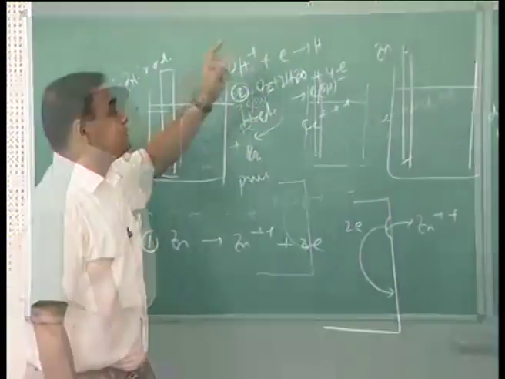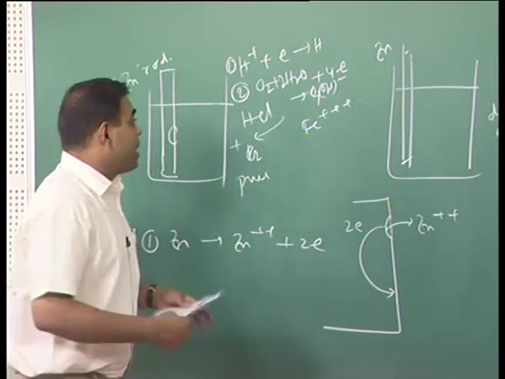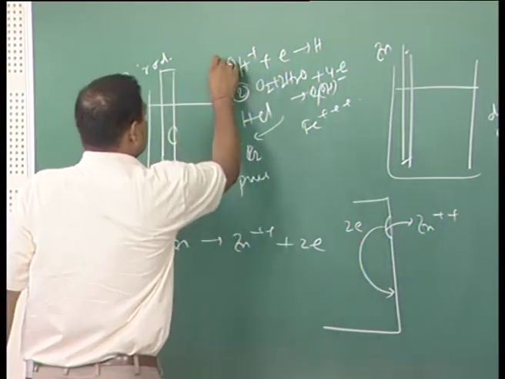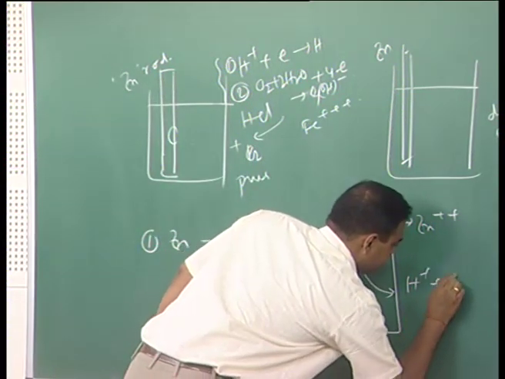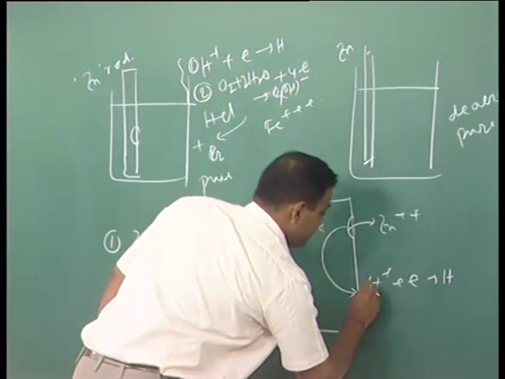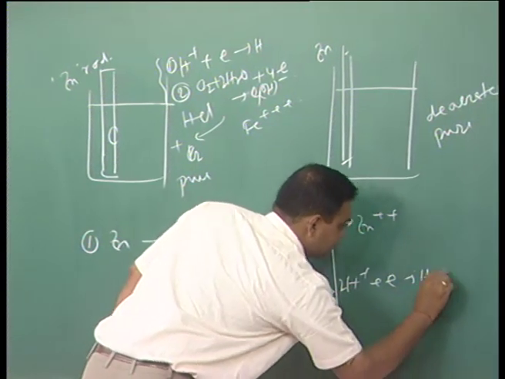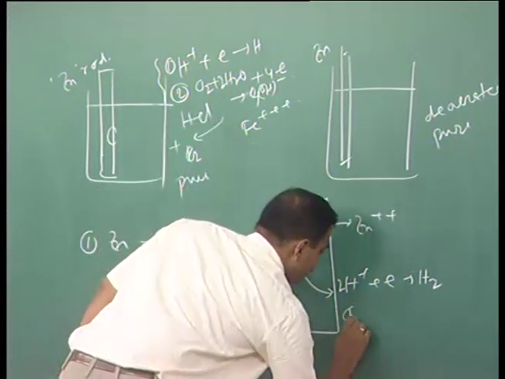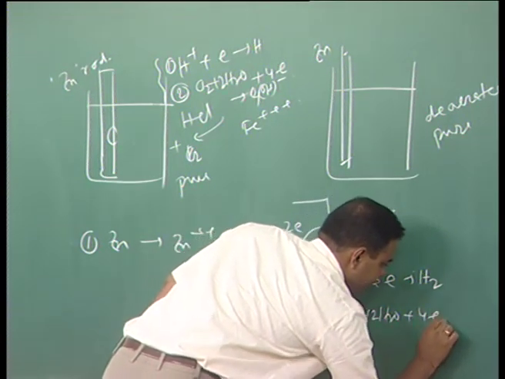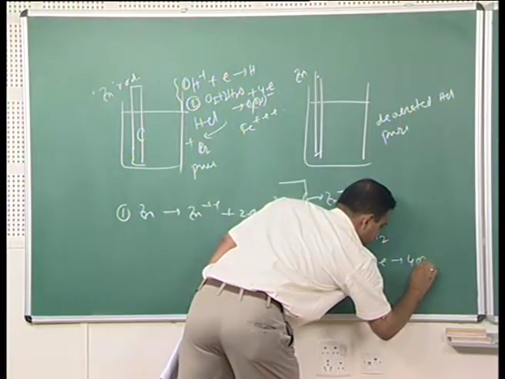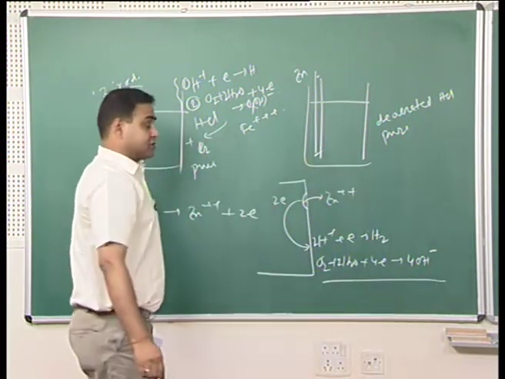Now, there also would be mass balance. Okay. Now, if you see that there are two reactions like this, so here H plus electron going to H. Now, if you combine two things, so H2 can form, or O2 plus H2O, this reaction also can occur.